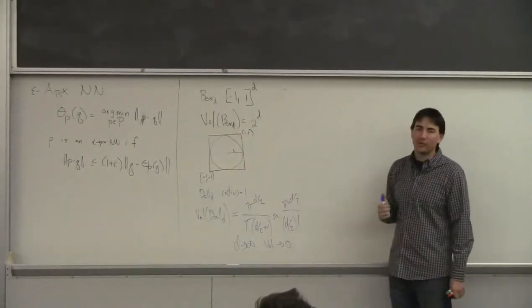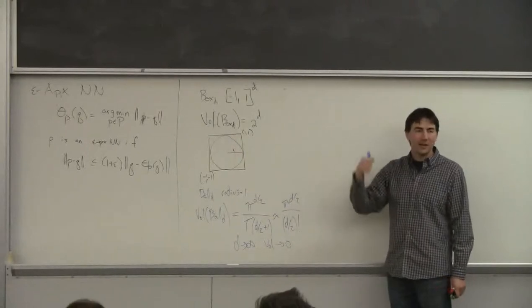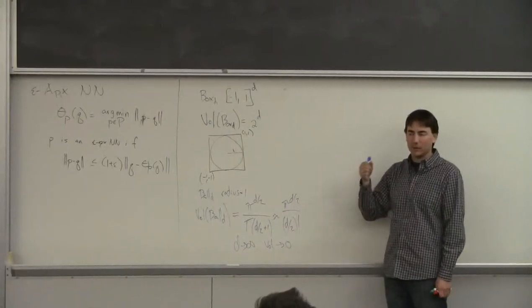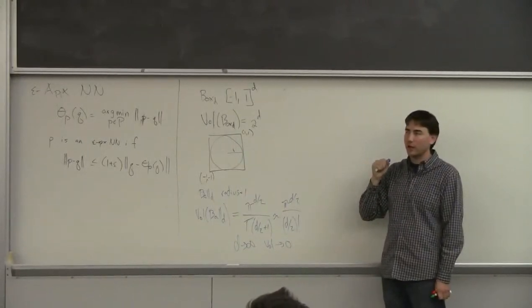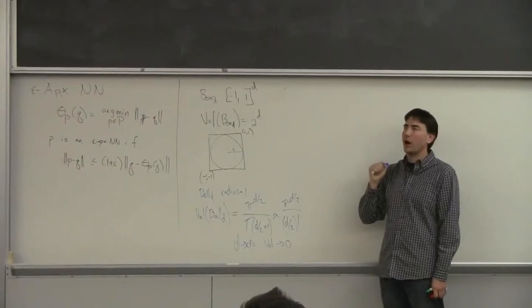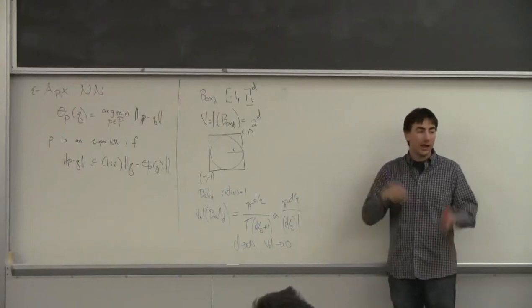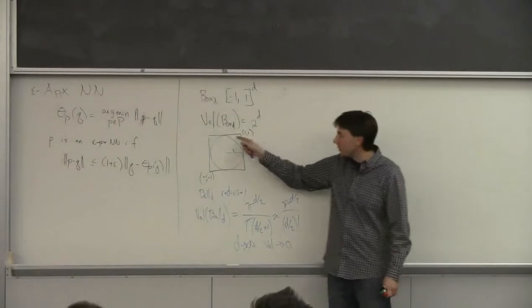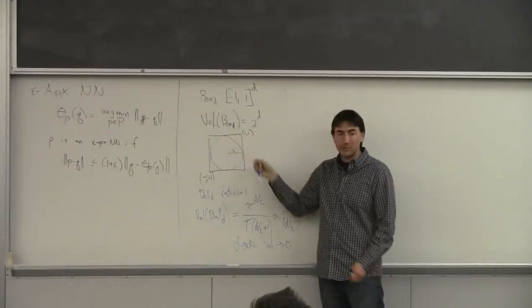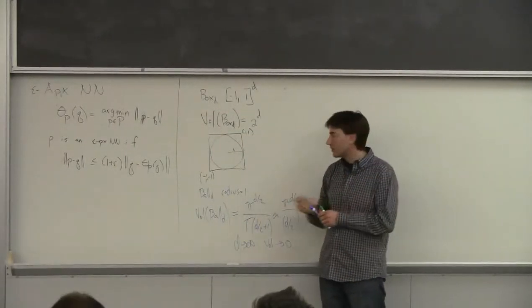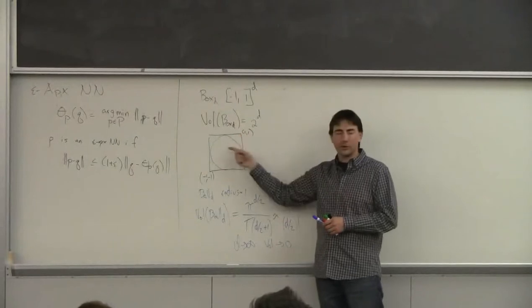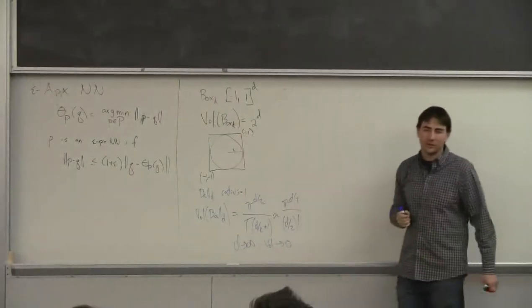So I mentioned before, you want to generate these unit directions in high dimensions. So if you pick a point inside this box and normalize it, it's always going to be pointing towards one of these corner directions, right?